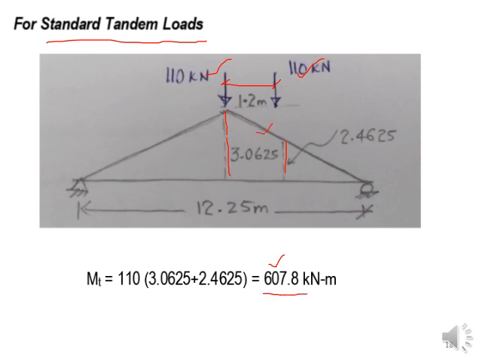But apparently it looks okay. So 110 into whatever the ordinates are, you are getting 607.8. This is simply the moment ILD, you are getting the maximum moment effect for the longitudinally placed live load.